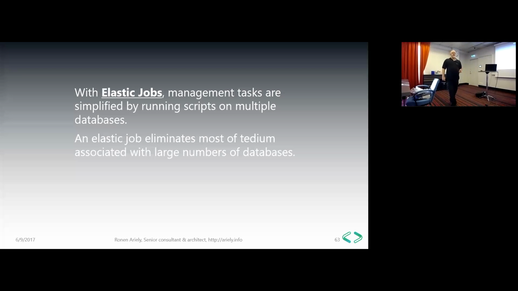And secondly, we need to think about how the databases use the resources. Again, you need to think about the databases as a whole and not each database separately. You do not just take databases which are not related to one another and put them in a pool just because I heard a lecture from Ronen and he said that the Elastic Pool is good. No, in each case you need to check if it fits.